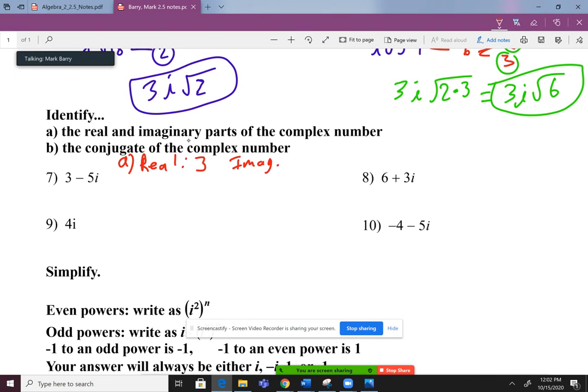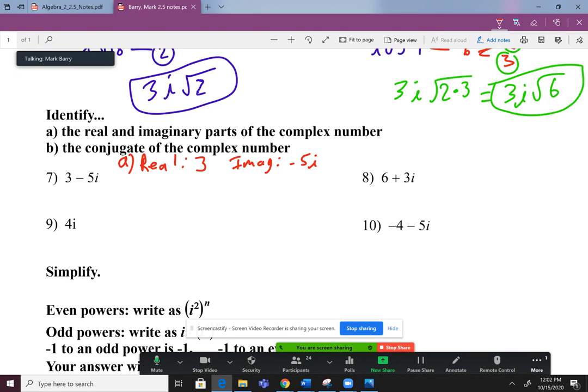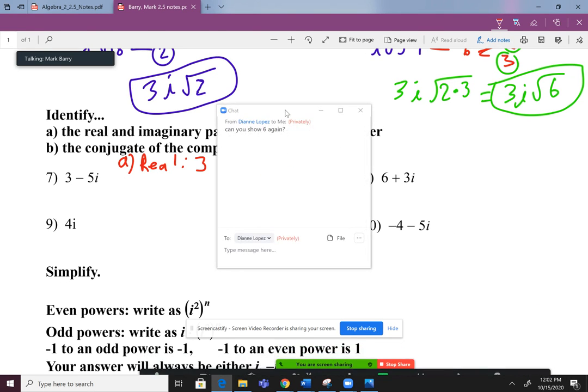The imaginary part is negative 5i. So the negative piece is the piece that has the i attached to it. Remember, i kind of stands for imaginary. But you have to take the number with it and whether it's positive or negative.